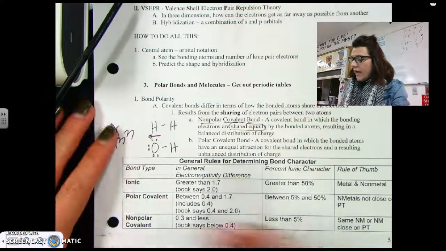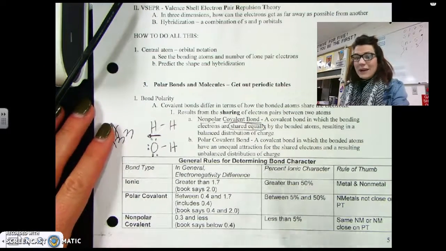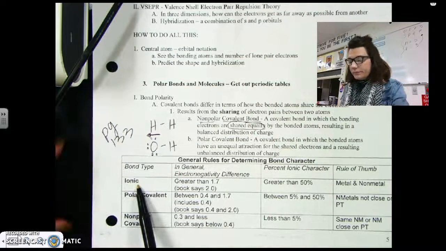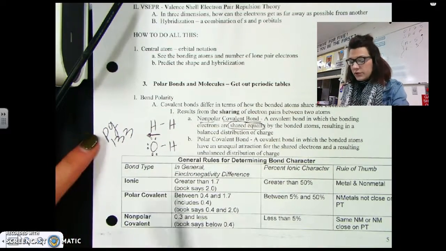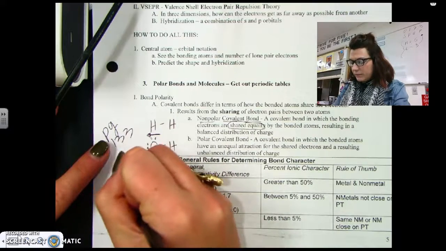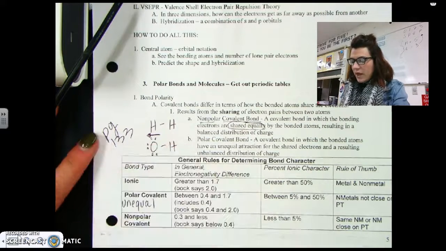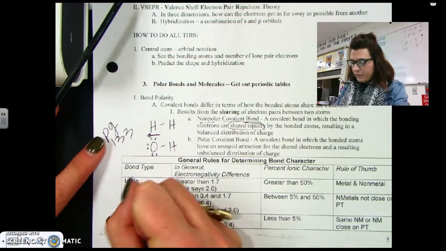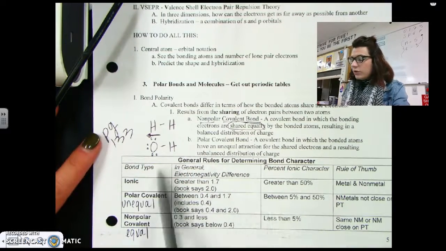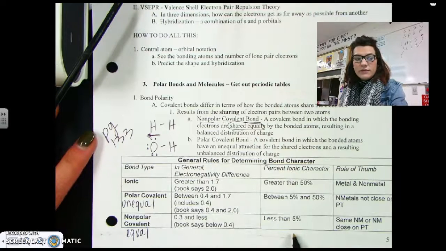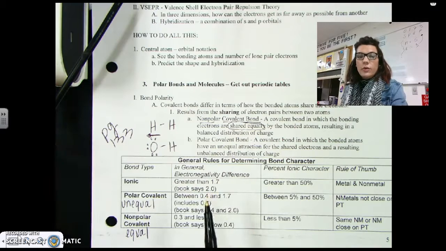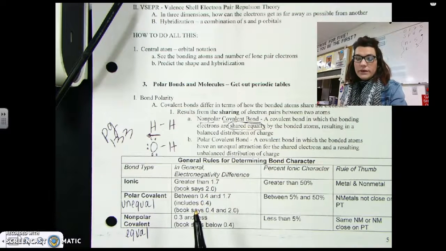So let's look at how we're going to decide whether we're going to be talking about ionic, which you know is metal and nonmetal, polar covalent, so unequal sharing, and nonpolar covalent. This is equal sharing, okay? In general, we're going to look at the electronegativity differences, okay? We're going to say anything where the difference is greater than 1.7, it's going to be considered ionic, okay?